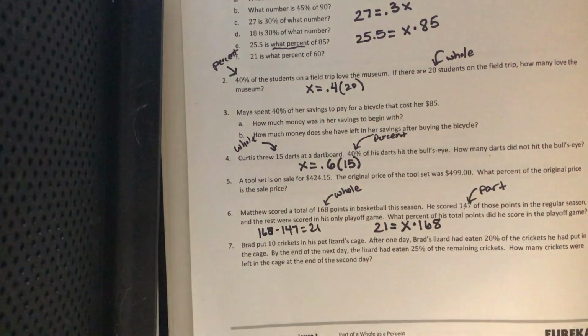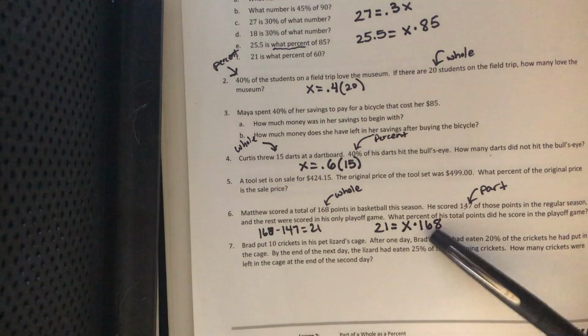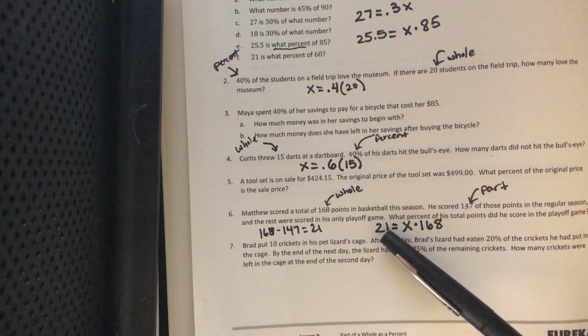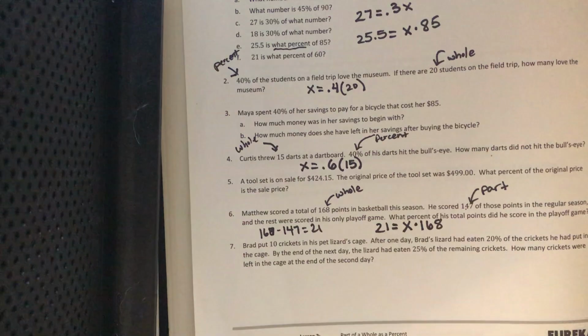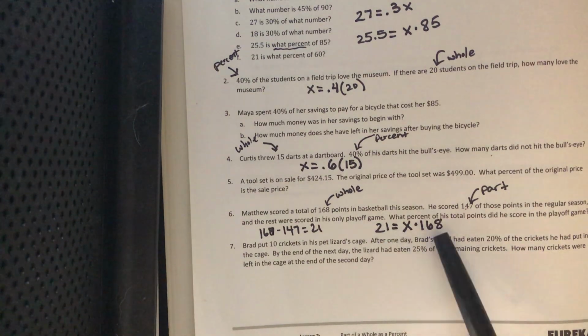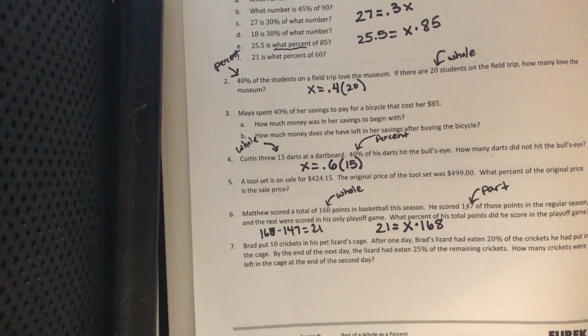And so you just got to solve for that X there, which I think you could do by dividing both sides by 168. So you're essentially going to do the calculation 21 divided by 168, which looks like it's equal to about an eighth. So probably 0.125 will come up on your calculator, but you have to convert that to a percent. So 0.125 is not the final answer. You got to tell me what percent that is.